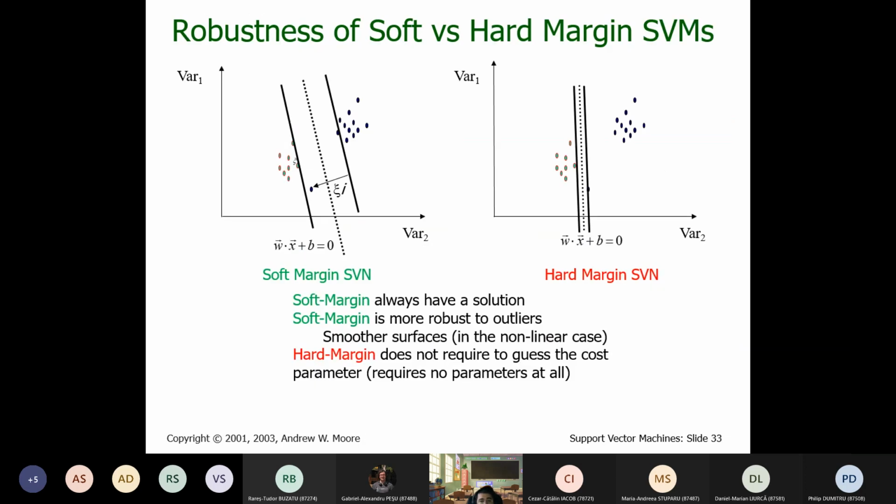Now, here is the difference between the soft and hard margin SVM. In the left image, we have a soft margin SVM, and you see that we permit the existence of this point that is incorrectly classified with the help of a slack variable. And you see how large the margin is.